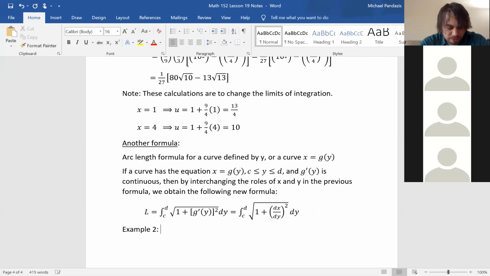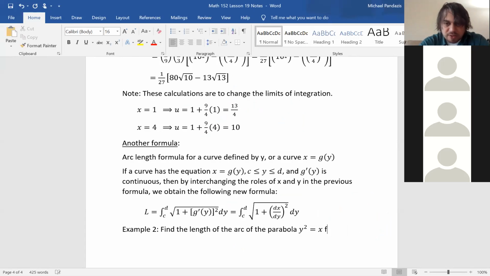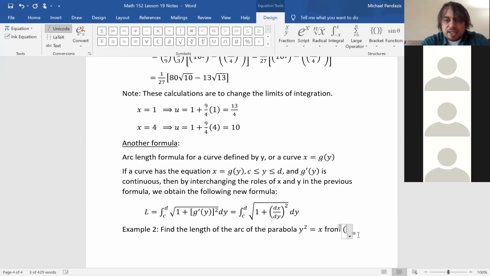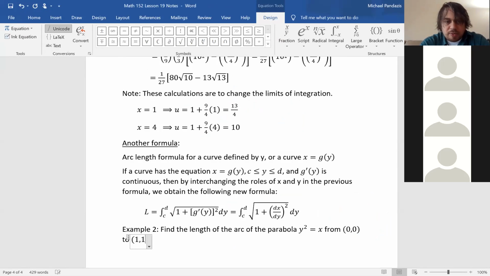So example 2 says find the length of the arc of the parabola y squared equals x from 0, 0 to 1, 1.